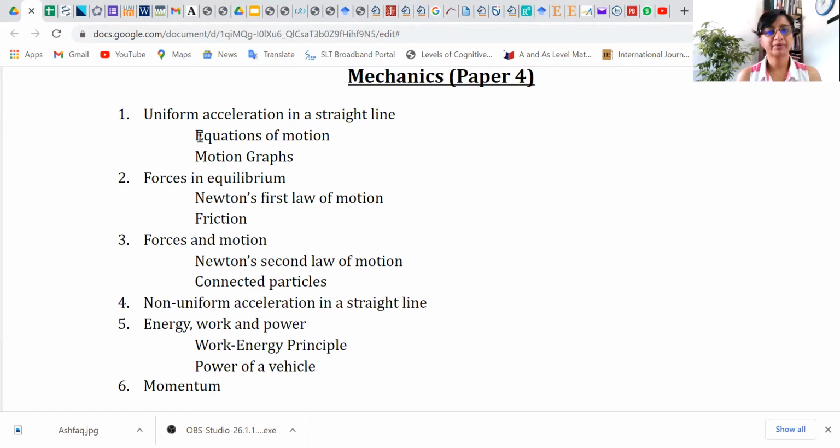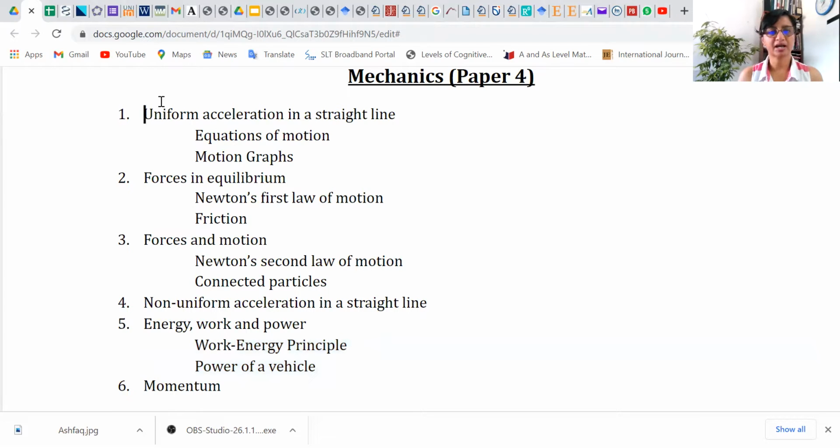I have also shown a little breakdown, like subtopics under each of these. I would give you a few minutes to copy this down on the first page of your book under mechanics. So paper 4, I have mentioned that too here. You have the liberty of whether you might not want to copy the subtopics here, because we would anyway be going over that when we get to each of these topics. But if you think you want that, you can copy that too, or you can just write the 6 main topics.